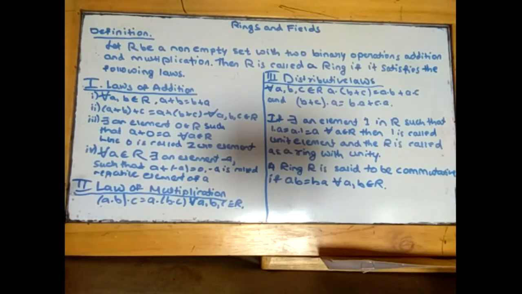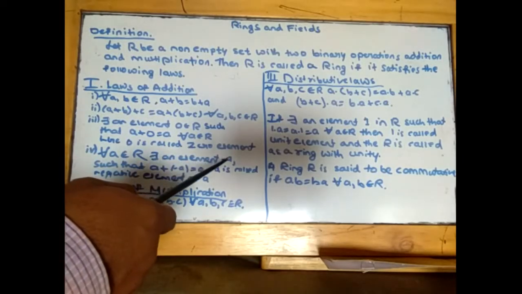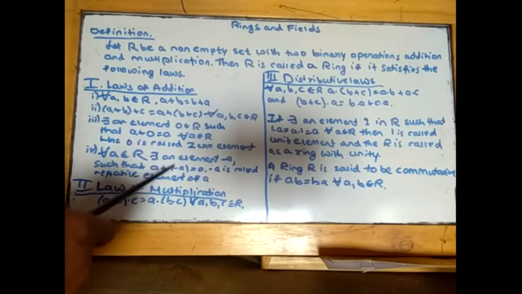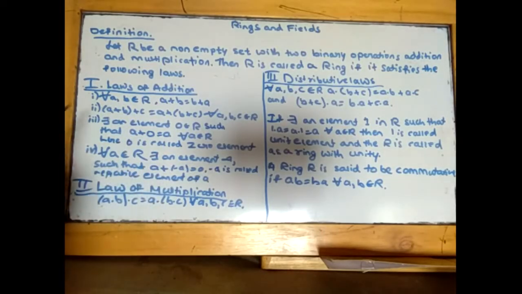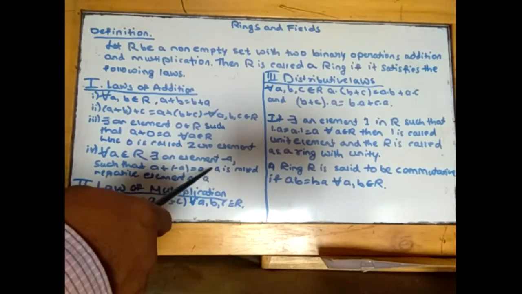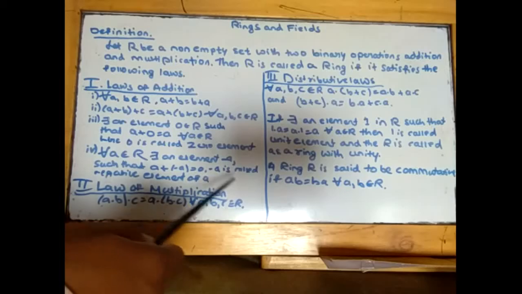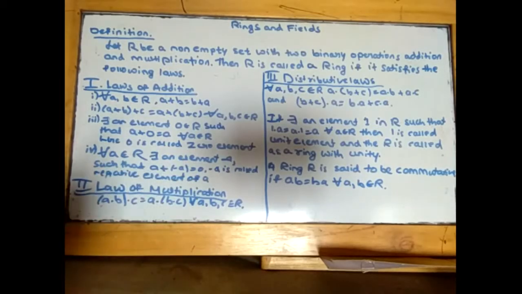Fourth, for all a belongs to R, there exists an element minus a such that a plus (minus a) is equal to 0. In that case, minus a is called the negative element of a or the inverse of a.